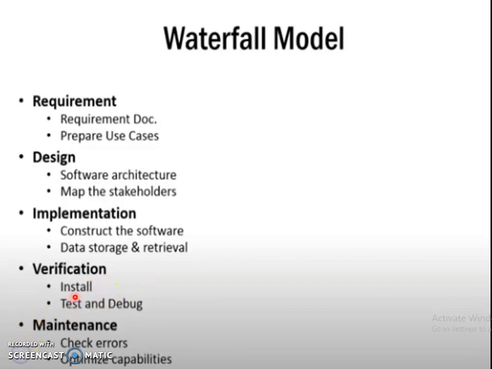Now the last phase in the waterfall model is maintenance. In that, some issues come up in the client environment, and also to enhance the product, better versions are released, and maintenance is done to deliver these changes in the software or customer environments. These are the 5 important phases involved in the waterfall model.